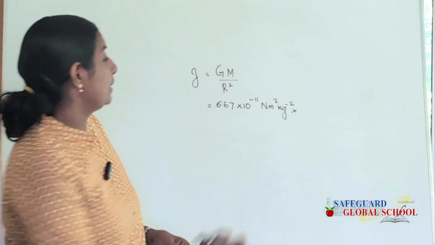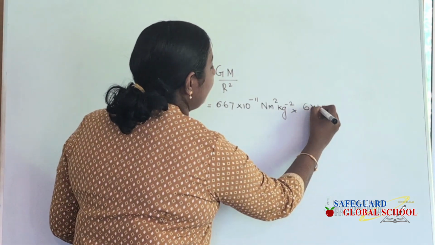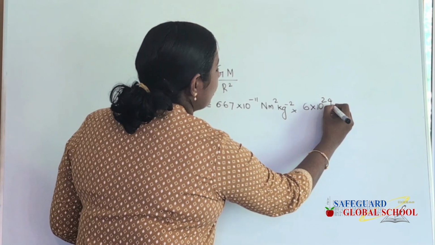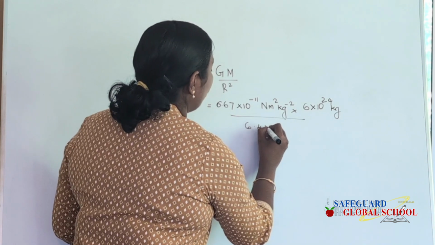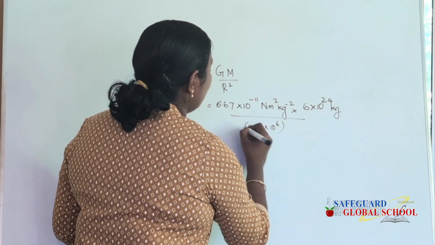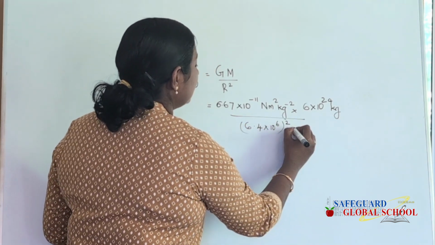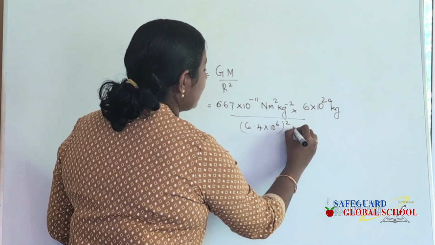The mass of the earth is 6 into 10 raised to 24 kilogram, divided by 6.4 into 10 raised to 6 squared.